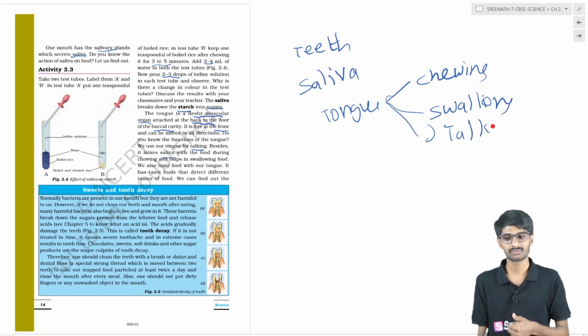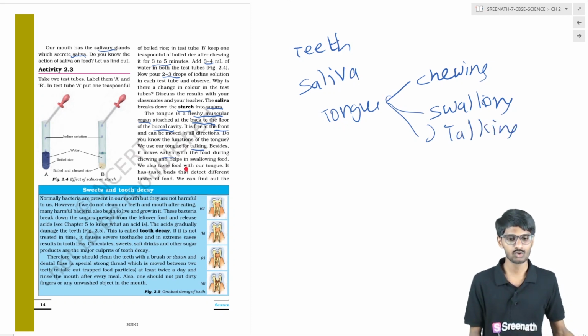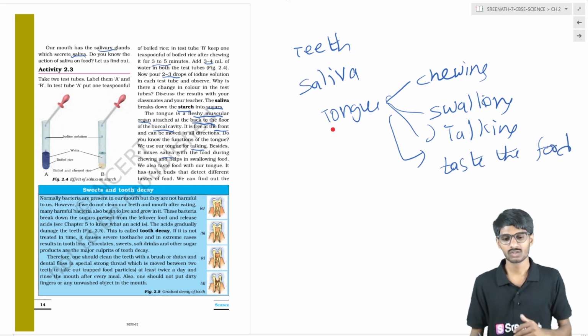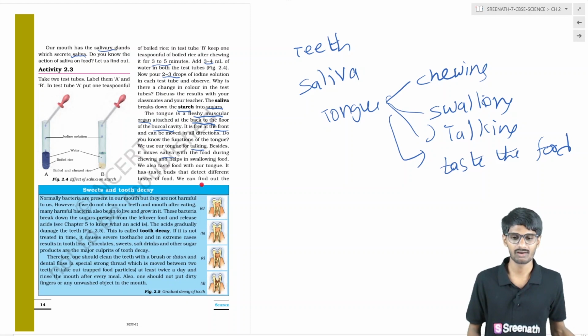Okay students, in addition it is used to taste the food. So many functions our tongue is doing. So the tongue is a very good and very important muscular organ in our body.